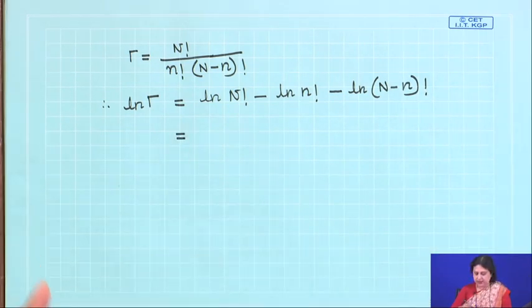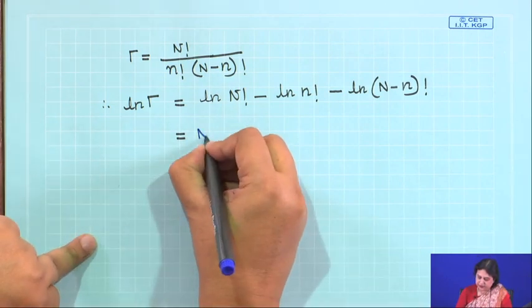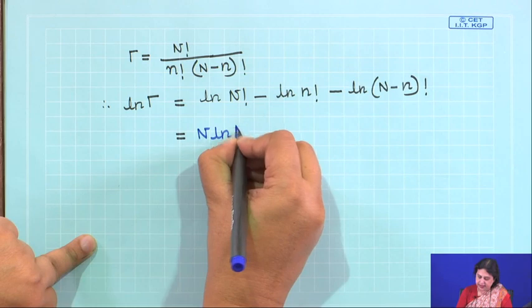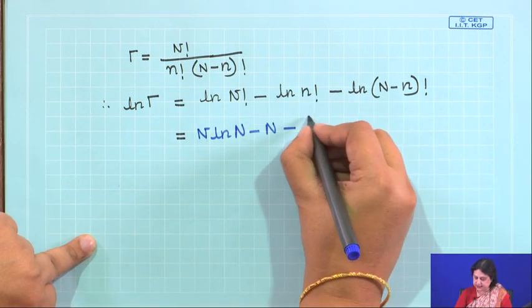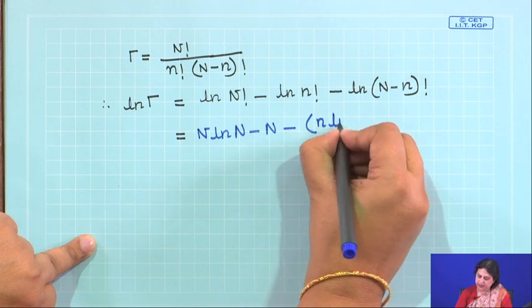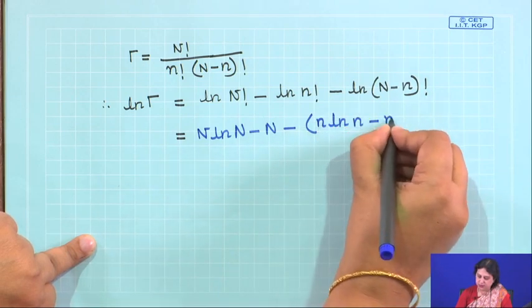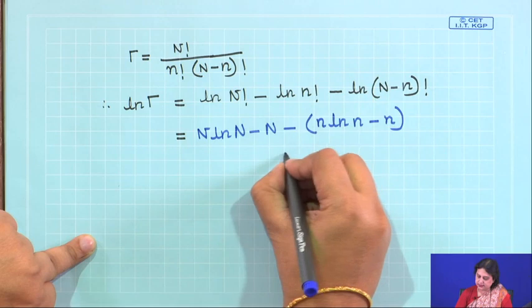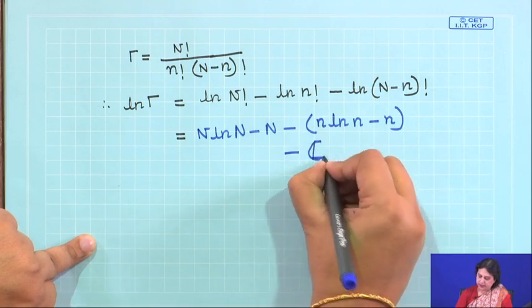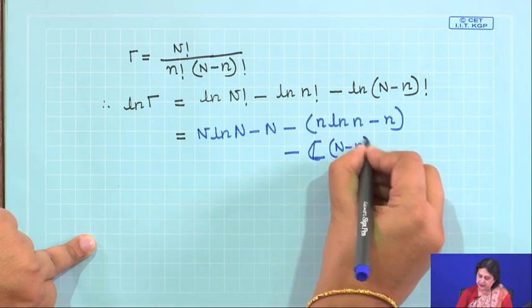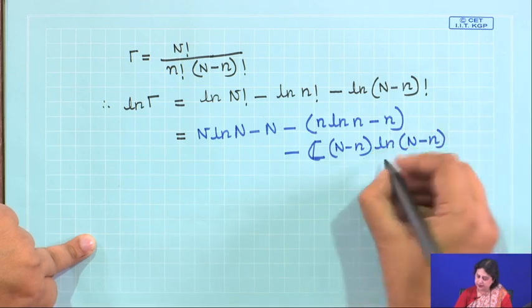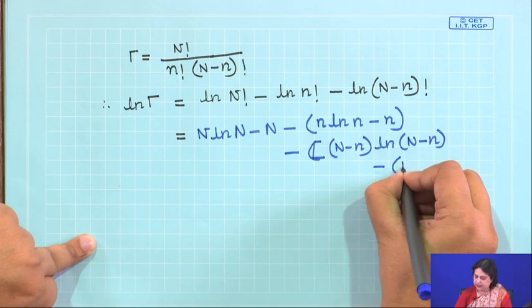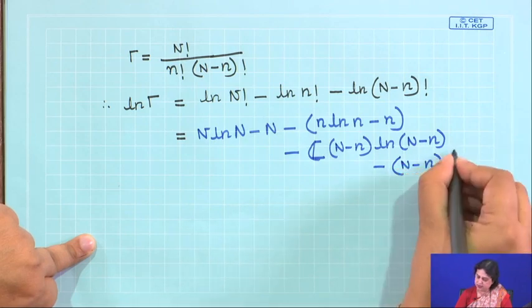If I use the Stirling approximation, the first term turns out to be N ln N minus N, minus this term, which is small n ln n minus small n, and then this term turns out to be (N minus n) ln (N minus n) minus (N minus n).